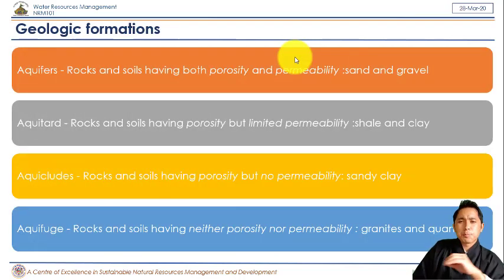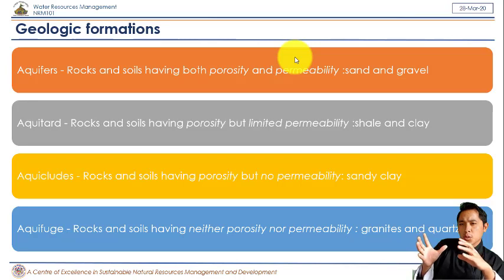Looking at aquifers, though we have lots of different kinds of geological formations, to compare aquifers and aquifer systems, the geologic formations can be divided into 4 types. One is called an aquifer, and the aquifer has both porosity and permeability.